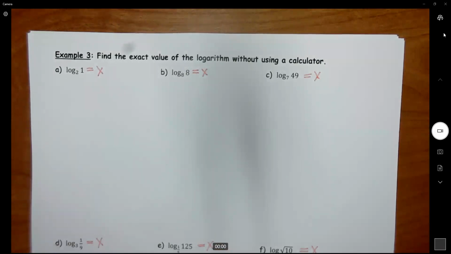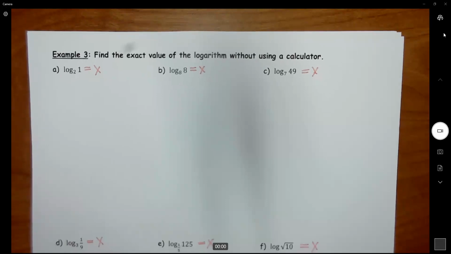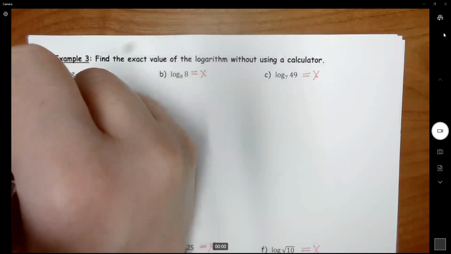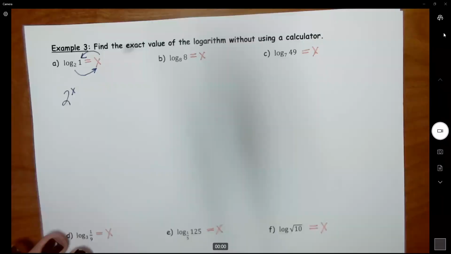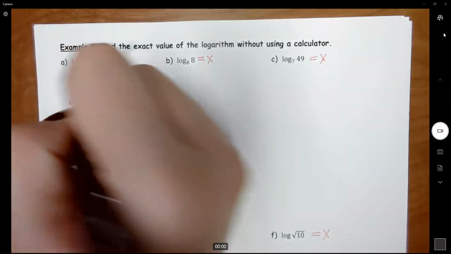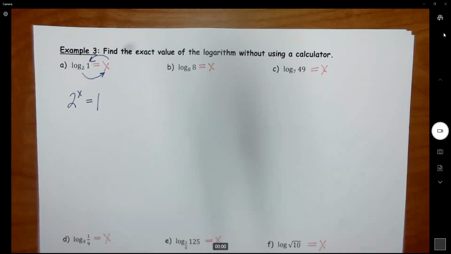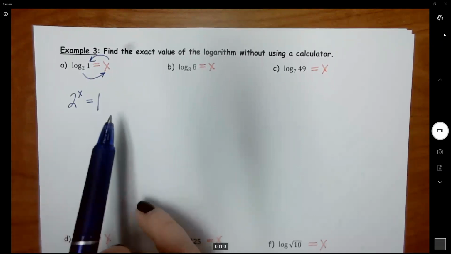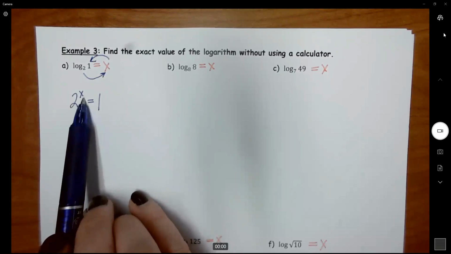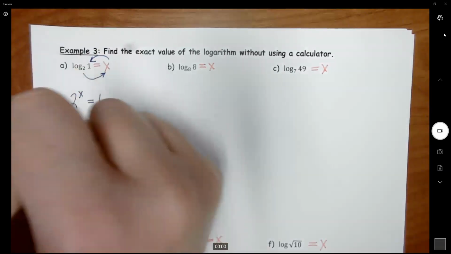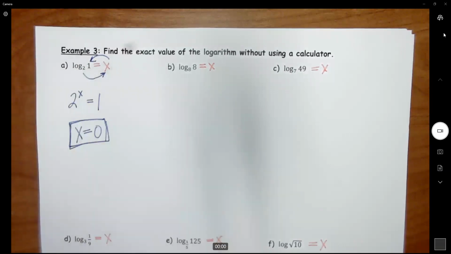And we can solve by rewriting this in exponential form. So this is base to equals. So this is 2 to the x power, and that's going to equal my big number here of 1. Okay, this one just takes a little bit of thinking through. The only way I can get any exponential here to equal 1 is when that exponent equals 0.